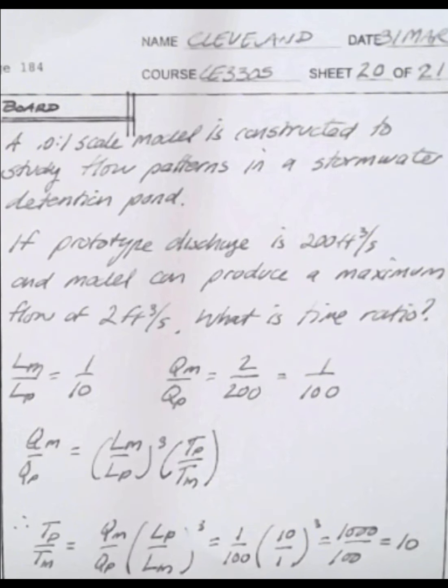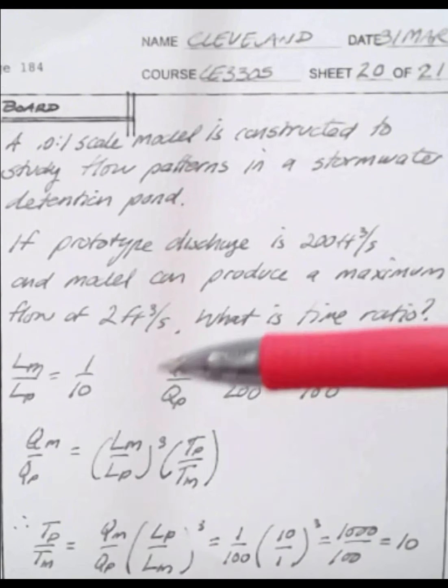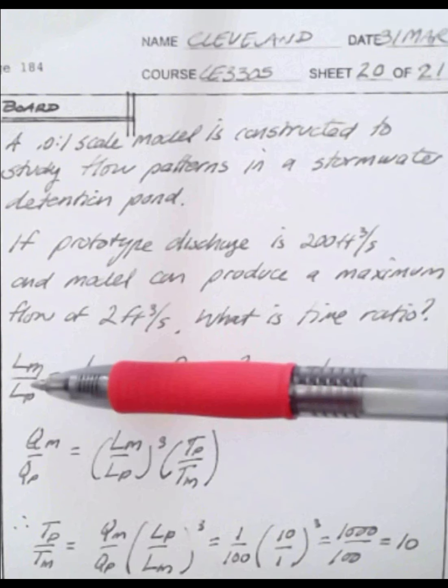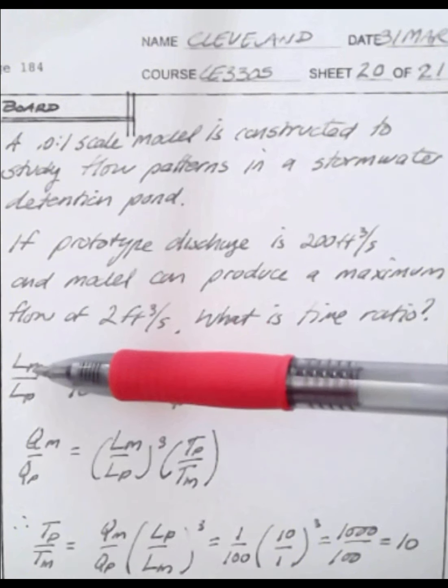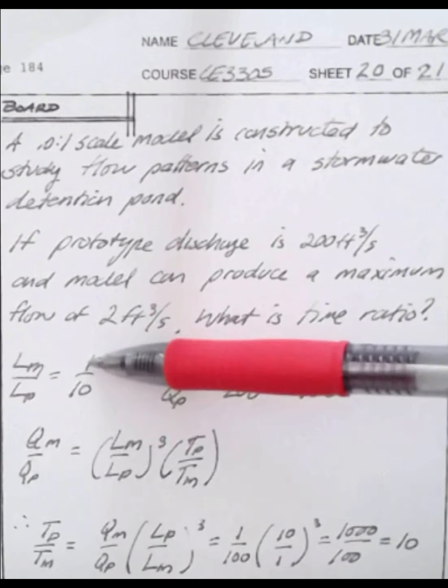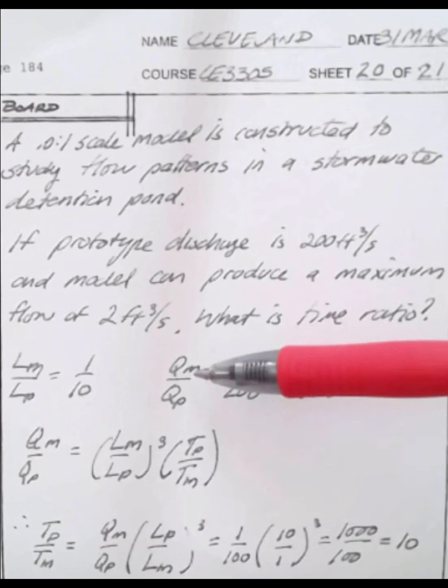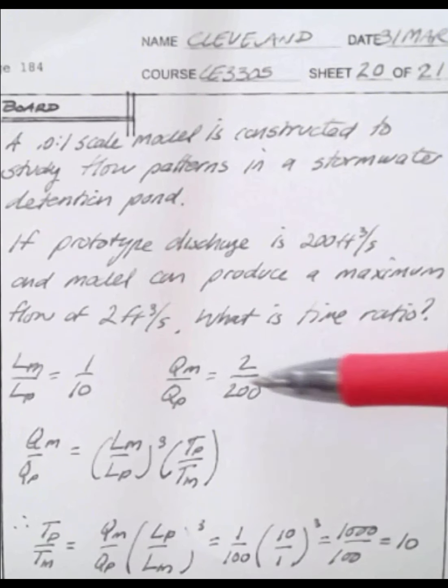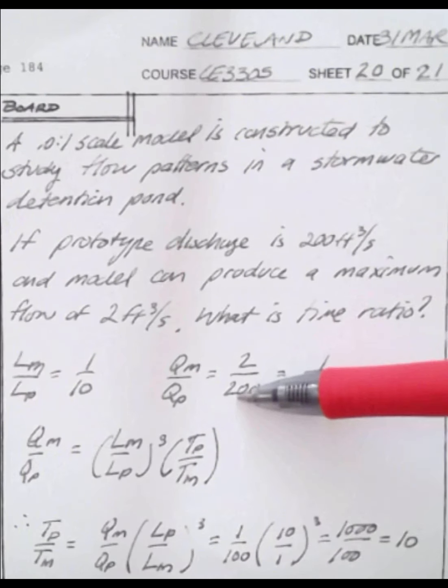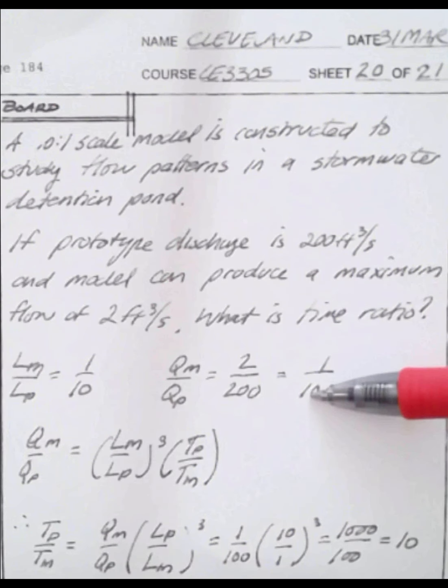So this is a different take on the similar question. The scale model is length of model over length of prototype is 1 to 10. The discharge ratio would be Q model 2, Q prototype 200, so that's 1 in 100.